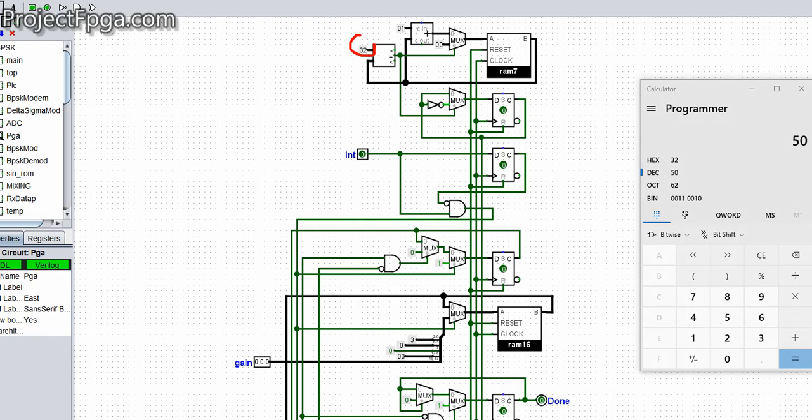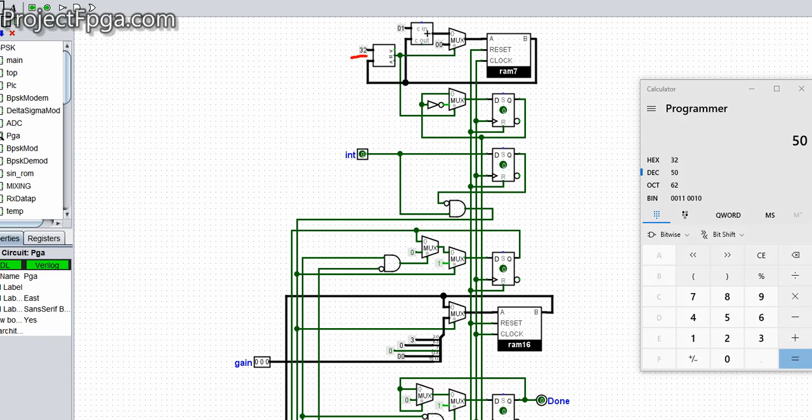So this is the 32 here. In decimal it is 50, in hexadecimal it is 32. That is how we got our counter value 32. This is the normal adder and this is the reset. If you understand my frequency divider circuit, this won't be a problem for you.